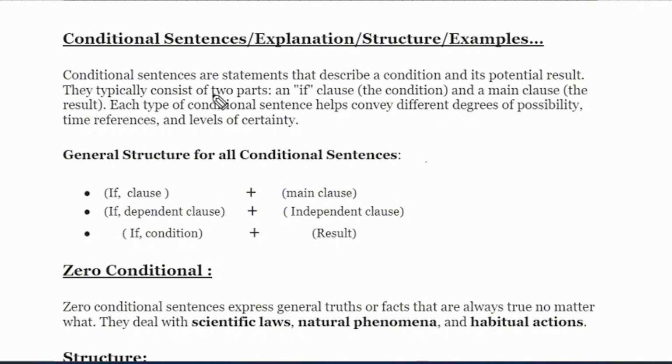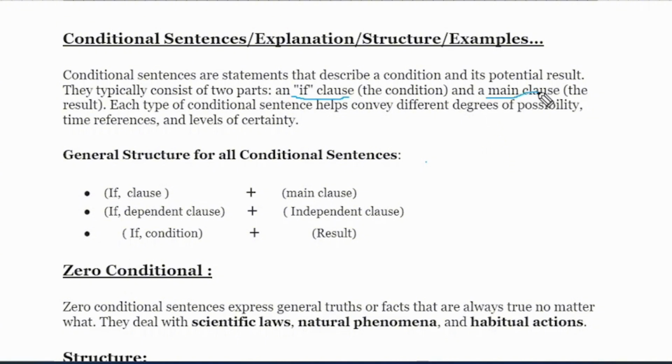They typically consist of two parts: an if clause, the condition, and the main clause, the result. So we call the if clause the condition clause, and the second part, the main clause, is the result.